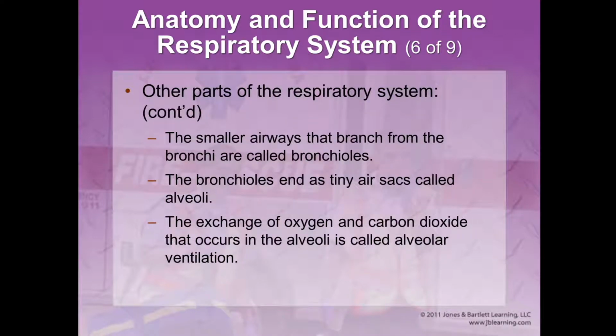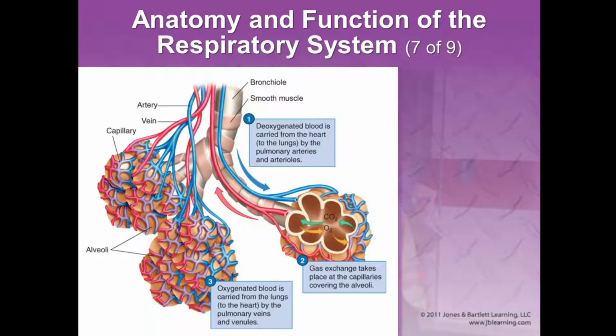This is kind of going over what we just went over. This is just to give you a more detailed illustration of the more complex, intricate part of the gas exchange, which happens in the alveoli and the pulmonary capillaries.